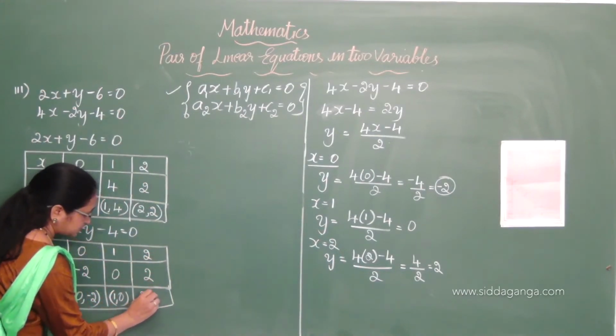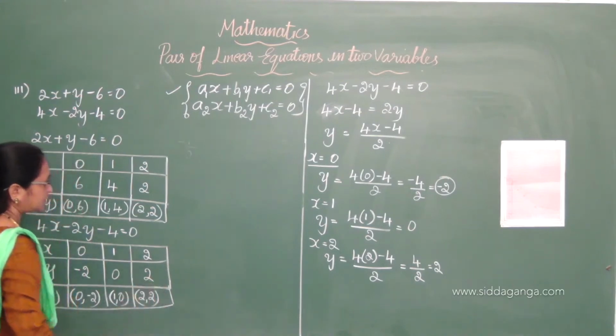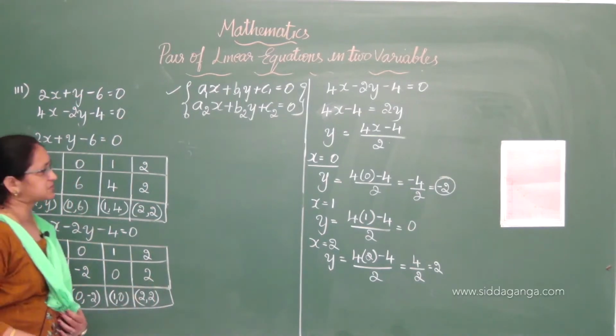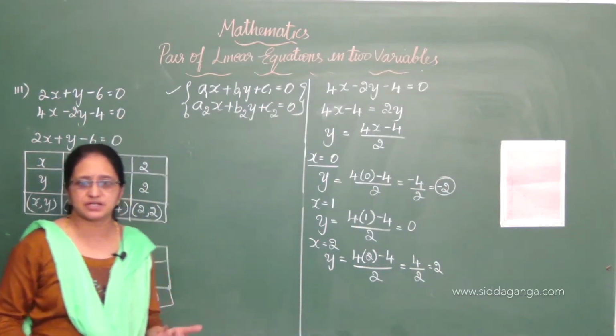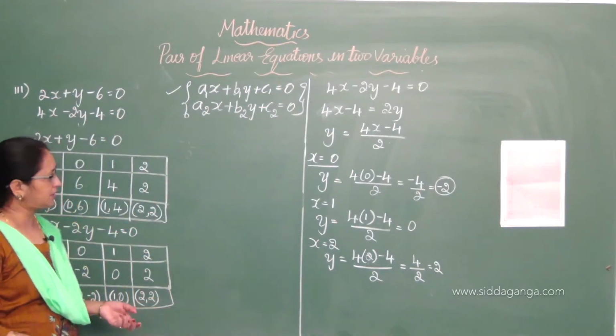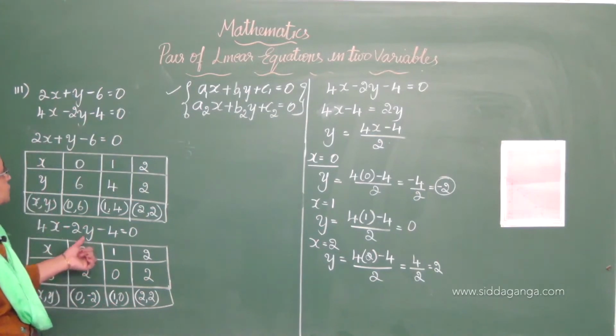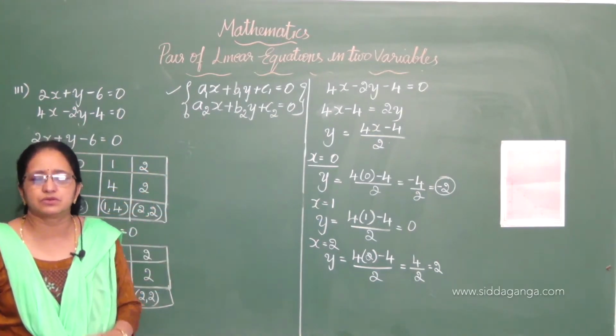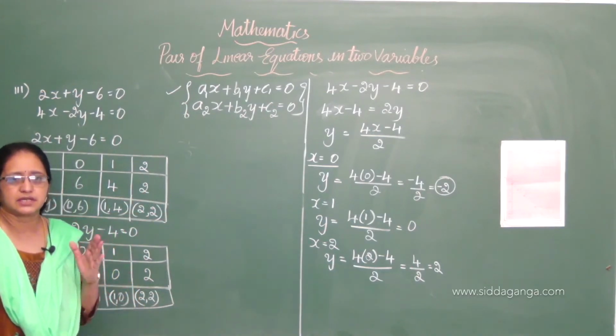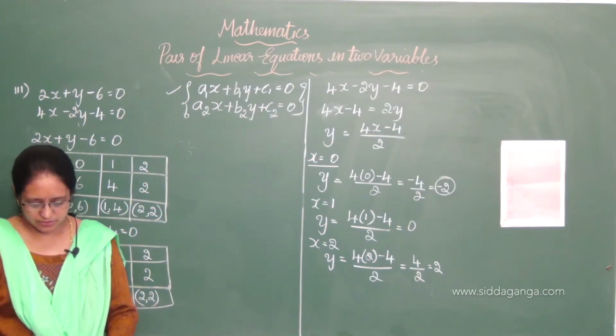So 2 comma 2. Now see, in the previous graph we obtained the coincident lines and we got infinitely many solutions. Okay. But in this case, you saw when you compared the ratios, you know that you will get intersecting lines. Okay.